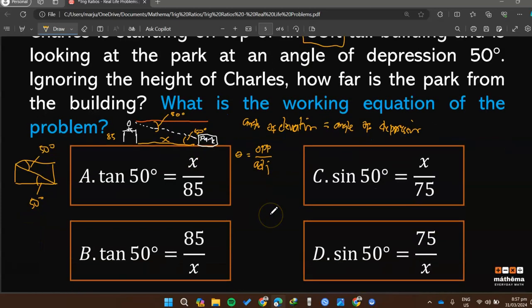Opposite over adjacent. This is tangent. So we have tangent 50 is equal to the opposite, which is 85, over x, which is our adjacent. So what letter is this? This is actually letter B. So tangent 50 is equal to 85 over x.